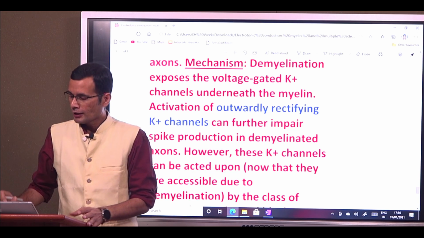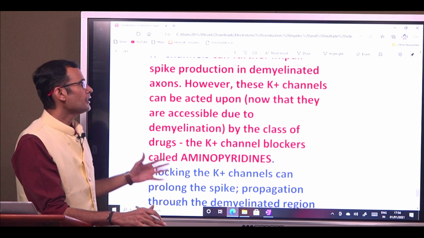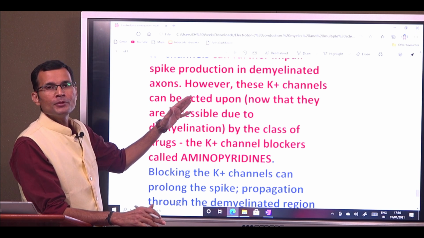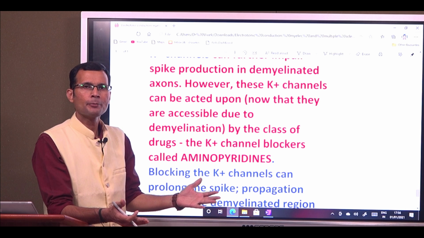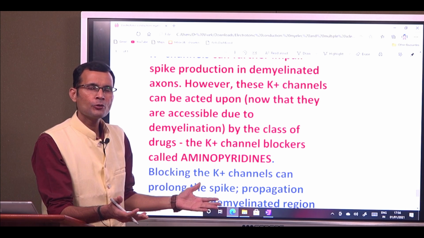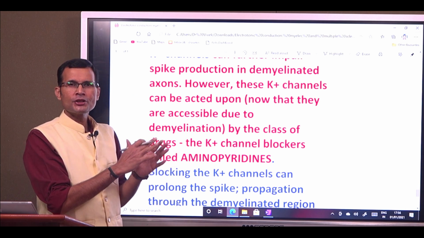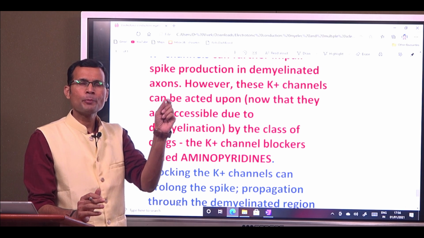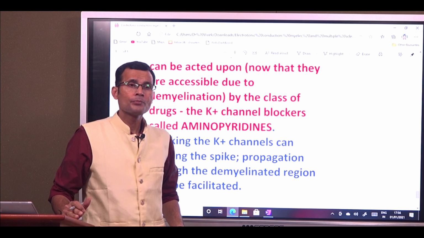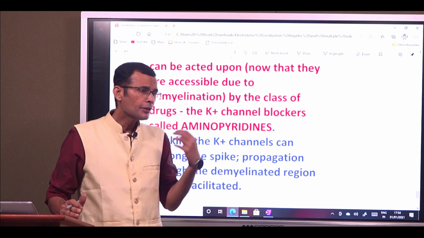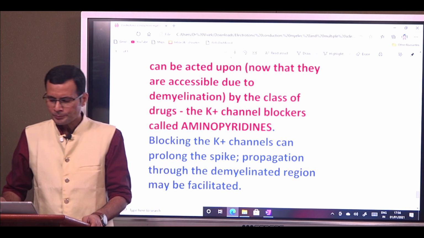So, what we are saying here is that if the potassium is allowed to go out rapidly and repolarization is happening very rapidly, what is going to happen? Repolarization quickly happening, narrow spike happening, and therefore conduction block will become very apparent, very evident.